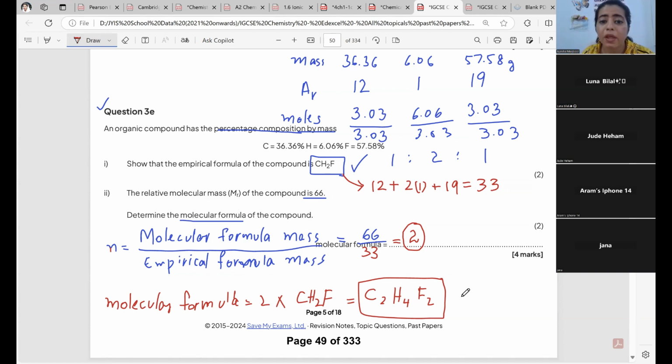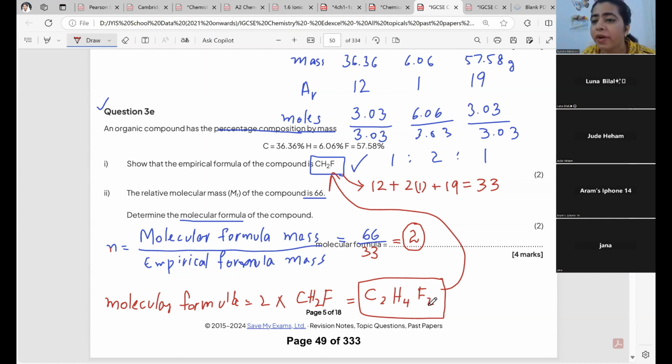I didn't get it. Again, see, you got the empirical formula, right? You want to go to the actual formula, which was original without simplification. That was basically C2H4F2. But how can we get this? We need the number by which we divided C2H4F2 to get CH2F. We were dividing 2 by 2 is 1, 4 by 2 is 2, 2 by 2 is 1.